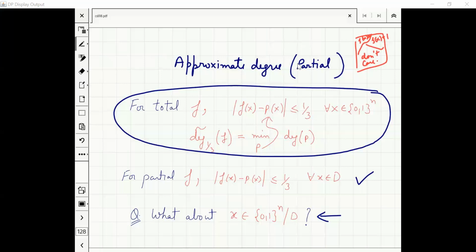And it also makes sense that, since I'm only talking about Boolean functions, I don't care what the value is, but it should be either -1 or 1. That means it should be bounded between, or the value should be 0 or 1. That means it should be bounded between -1/3 and 4/3.